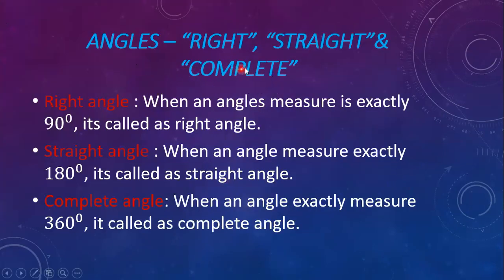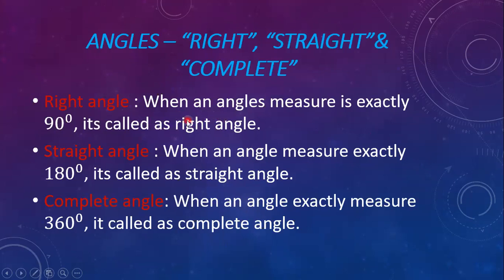So next, what do you mean by right, straight and complete angles? Before, we have seen acute angle, obtuse angle and reflex angle. Now let us see what do you mean by right angle, straight angle and complete angle. First, right angle. When an angle's measure is exactly 90 degrees, it's called a right angle.